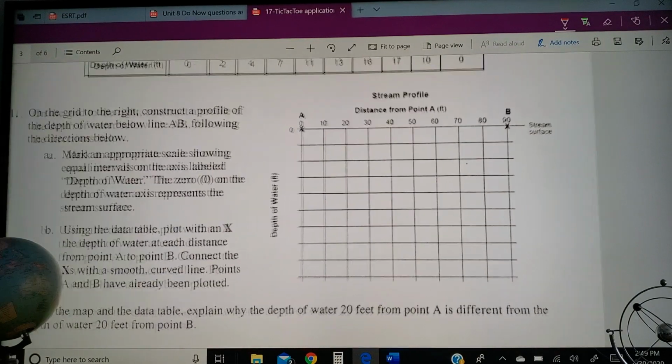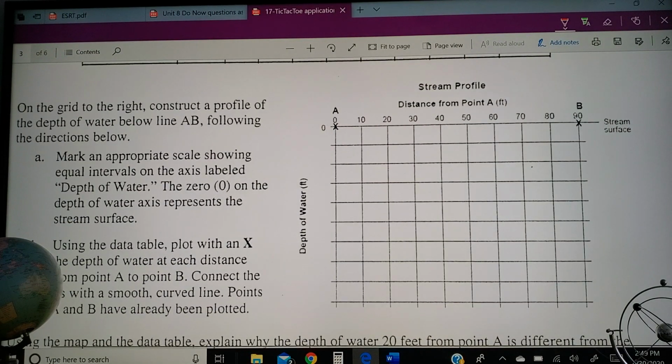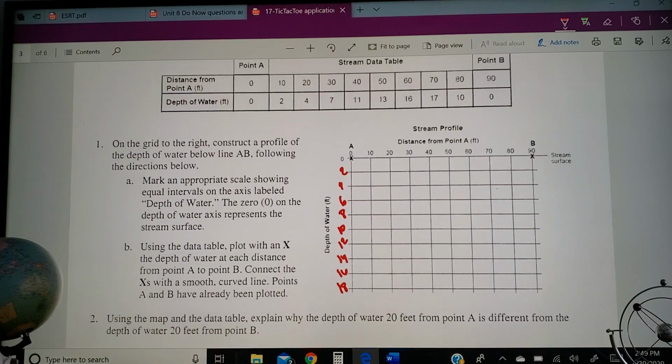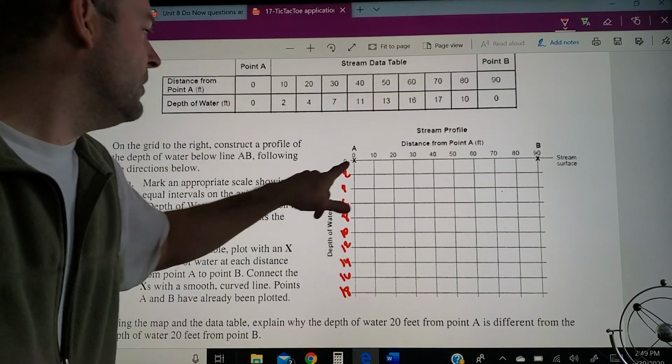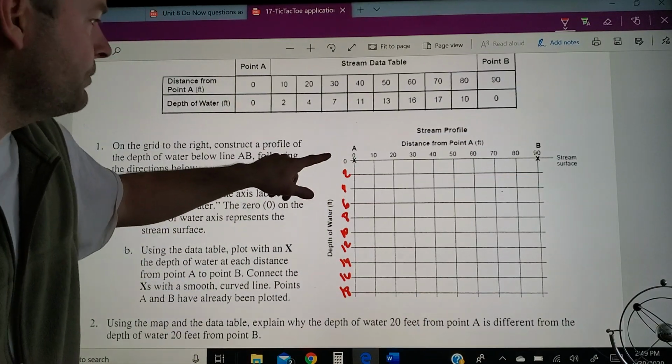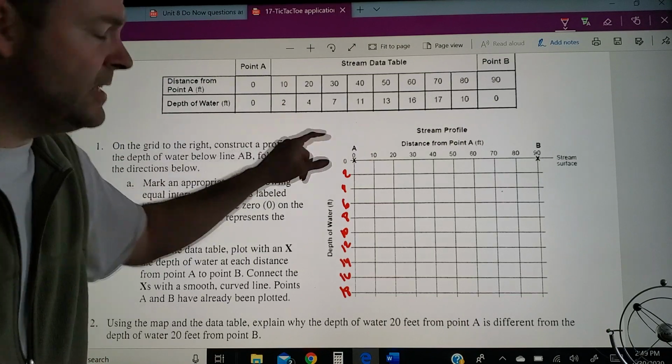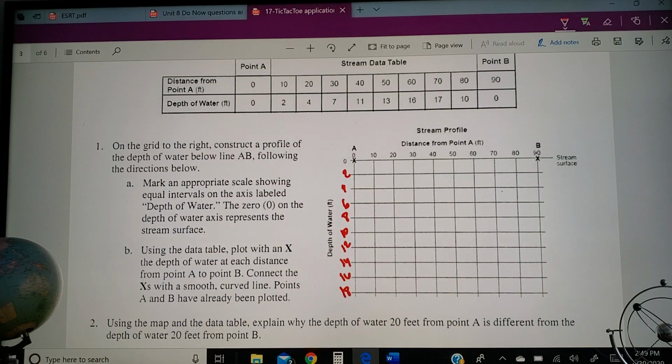All right, we'll enlarge this for a second here, but I'm going to go down to 18 all the way at the bottom, and that will cover all the numbers in the range. Okay, and now to plot it out, well, 0, 0 they already did for you. Go out to 10, you have a depth of 2, so 10, 2 makes a dot.